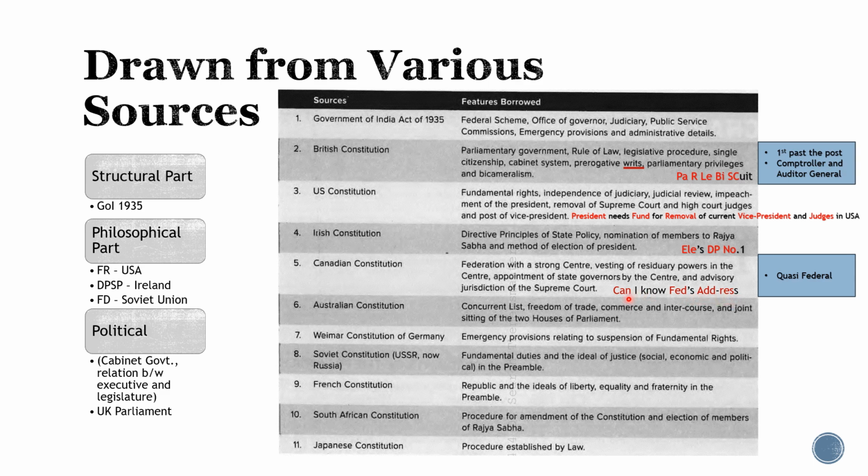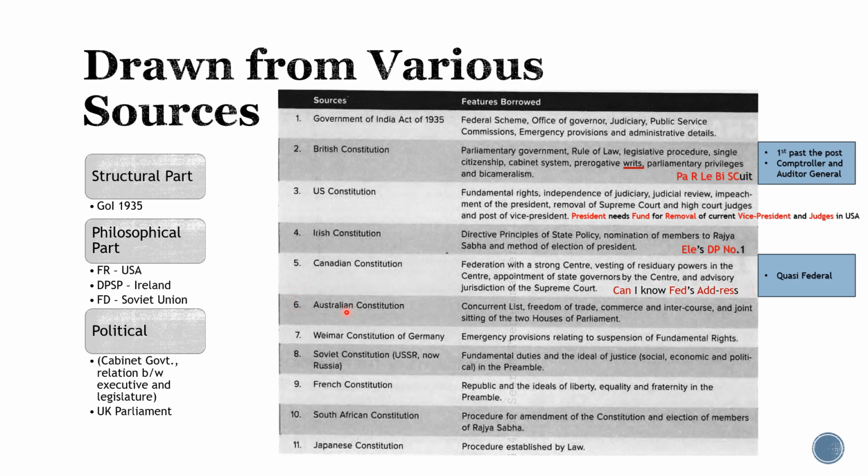Can means Canada, Feds means federation with a strong center, AD stands for advisory jurisdiction of the Supreme Court, and RES stands for residuary powers in the center. That's Canada's contribution to our constitution.